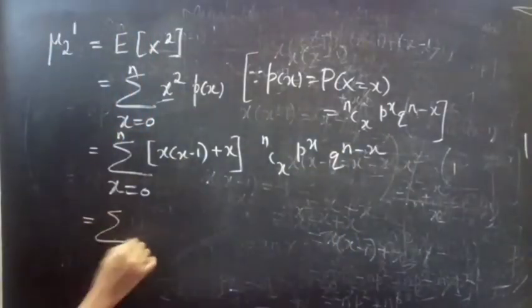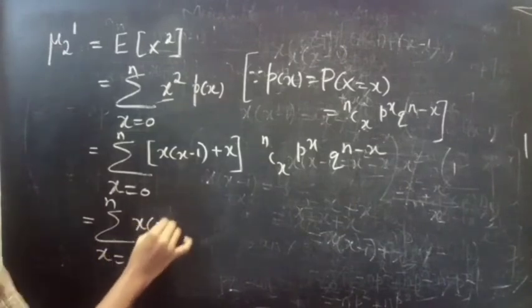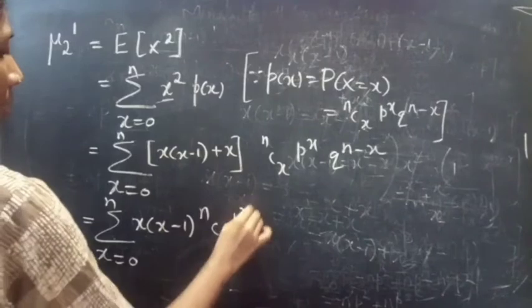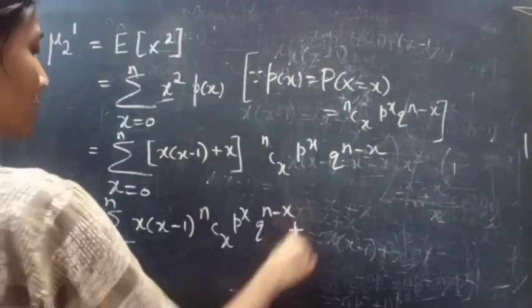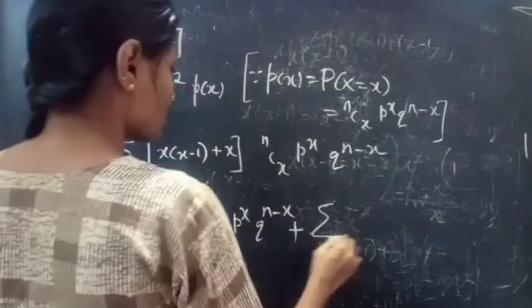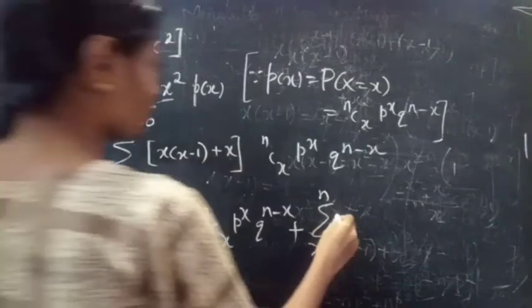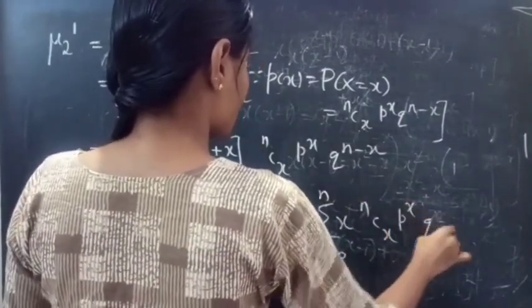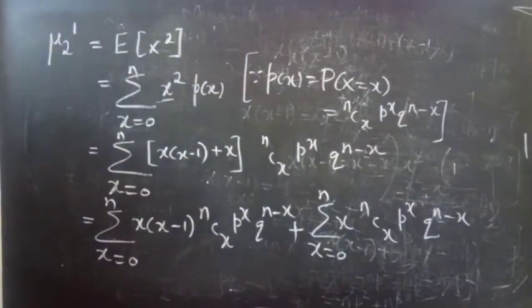So you could write it as summation x equals 0 to n of x into x minus 1 into ncx p power x q power n minus x, plus summation x equals 0 to n of x into ncx p power x q power n minus x.